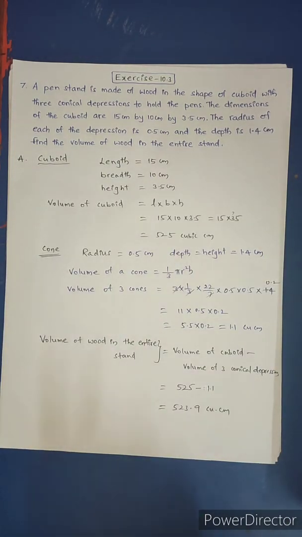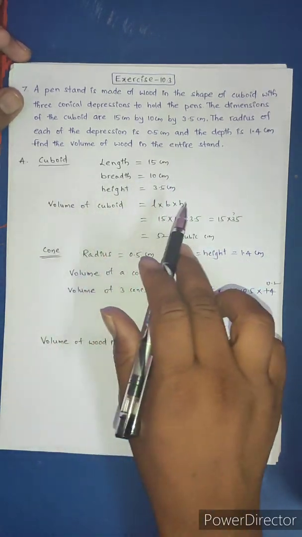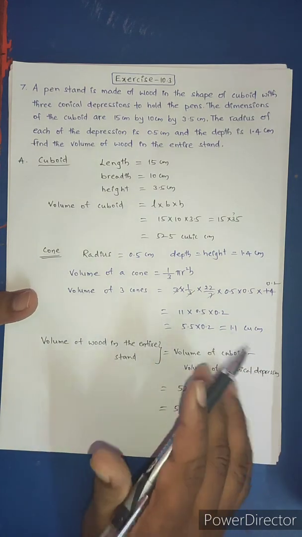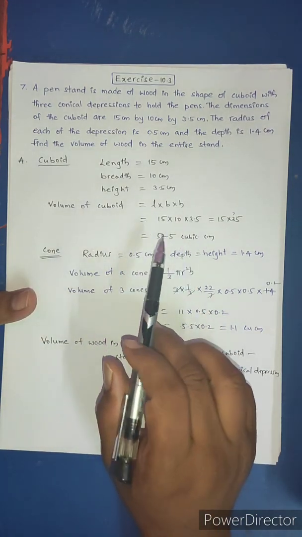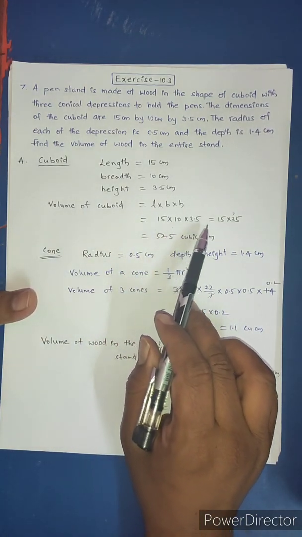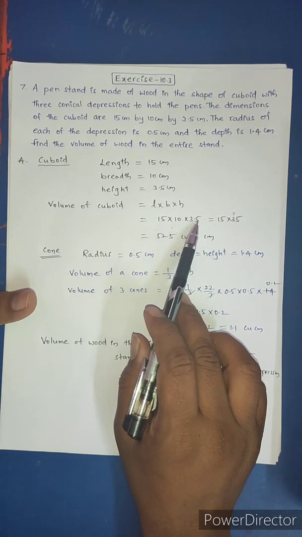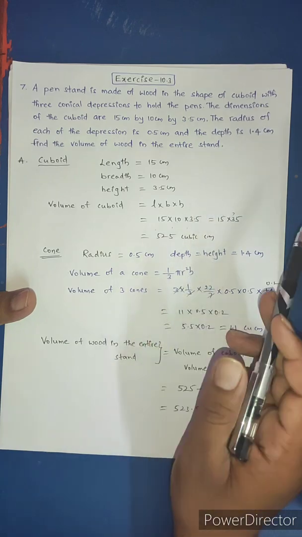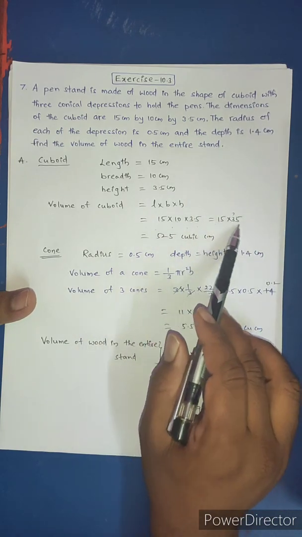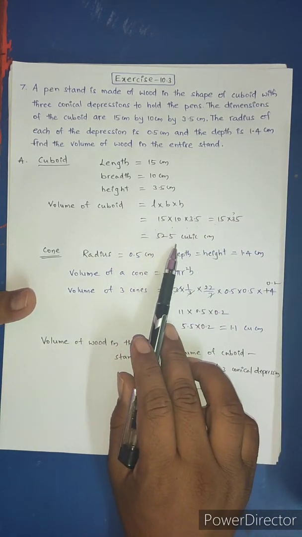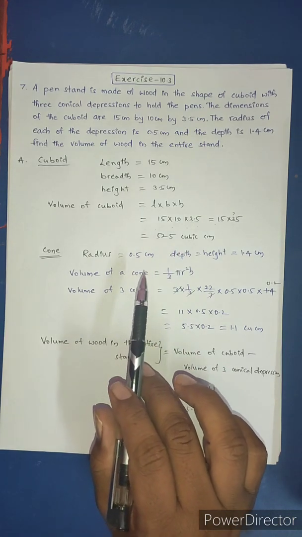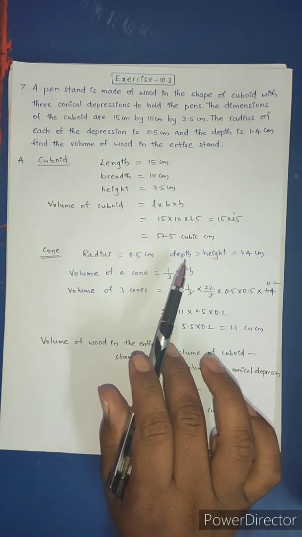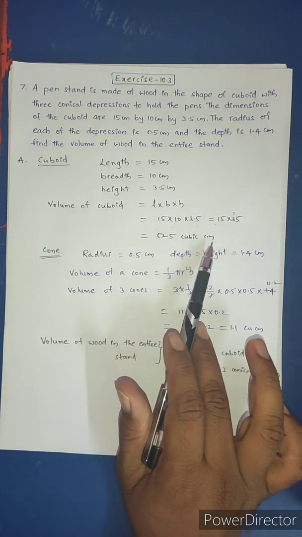For this, length 15, breadth 10, height 3.5 centimeter. Volume of the whole pen stand is equal to length into breadth into height, 15 into 10 into 3.5. 3.5 multiplied with 10, this decimal point can easily be removed. So 15 into 35, the product of these two numbers is 525. So the volume of the total cuboid, including these 3 conical depressions, is 525 cubic centimeters.